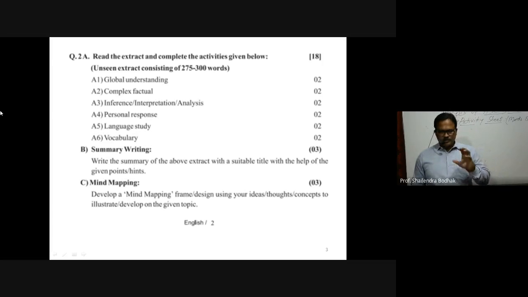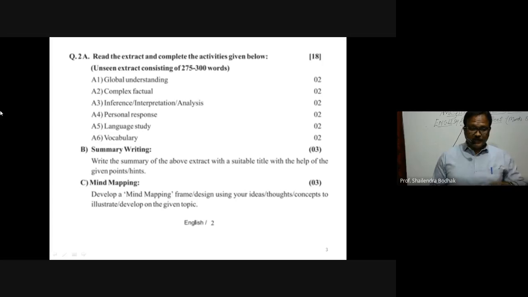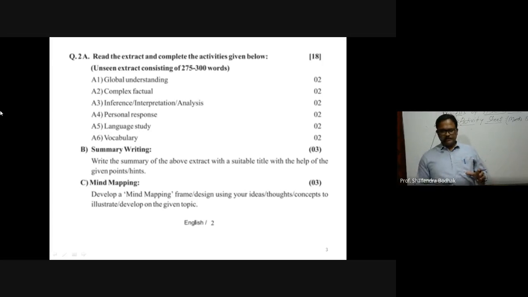Now, okay, question is given there, you'll have to attempt that mind mapping. But in general, in our life, when we find some subject or topic difficult, if you mind map that, then it will be easy for us. Okay. Now, I'll just give you an example as to what type of question may come.